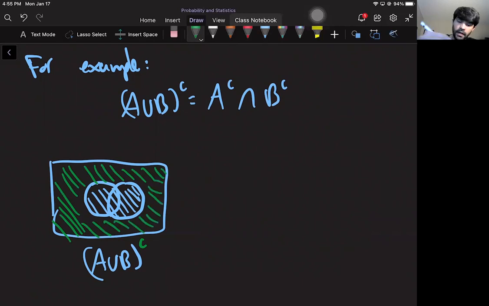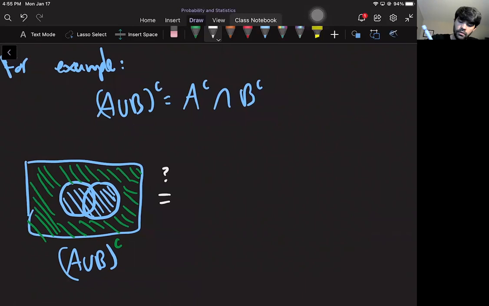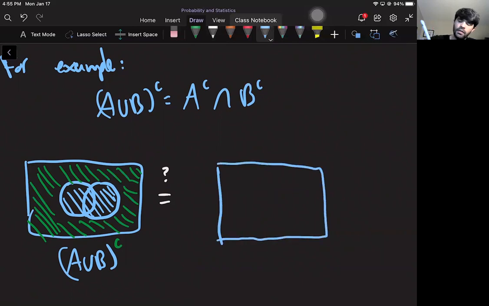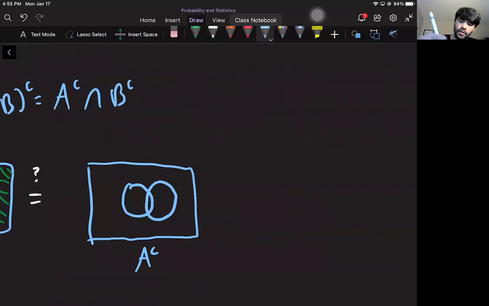Okay, so is that the same as this other picture where I do A complement and B complement, and then I intersect? Well, let's see. So this is A and B. Let's do A complement first, which I'll do in red here.